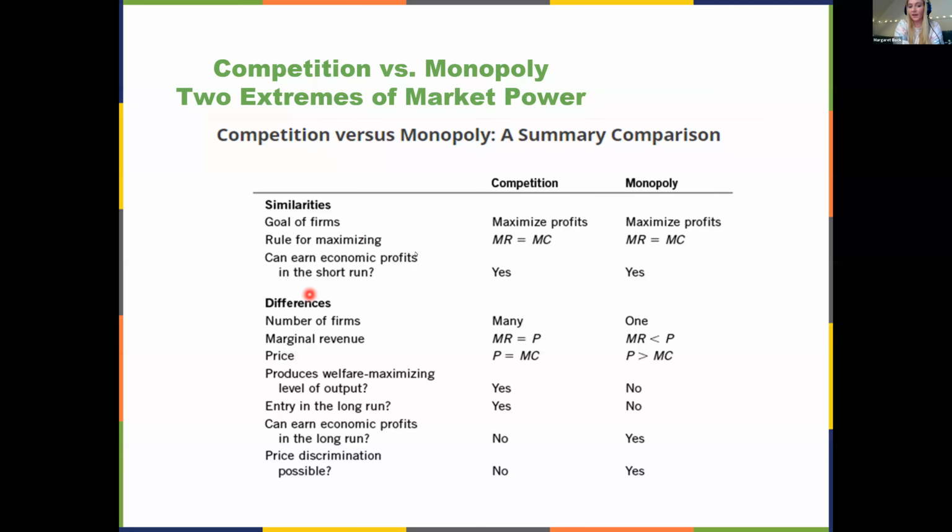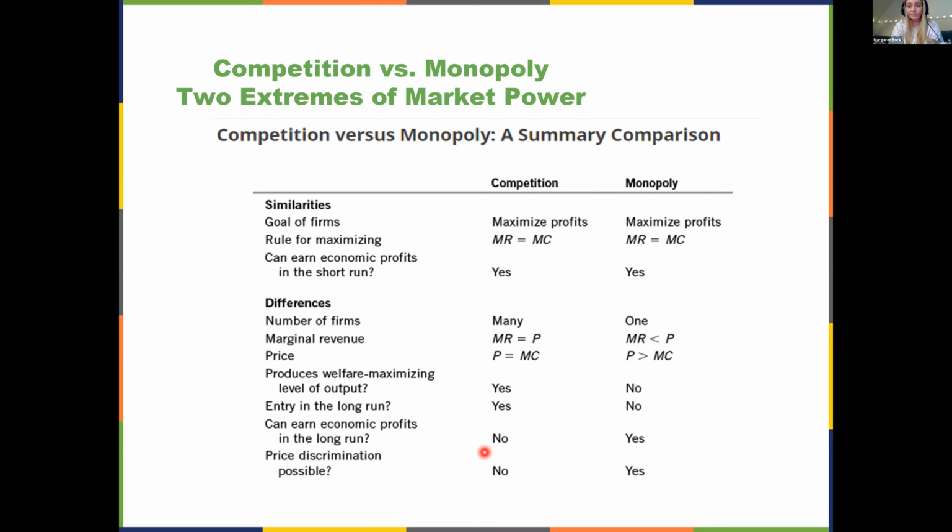And we also learned that firms in perfectly competitive settings and in monopoly settings can earn short-run economic profits. Where they deviate is the long run. In the long run, because other firms are allowed to enter the market in perfectly competitive settings, profits are basically driven down to zero long-run economic profits for perfectly competitive firms.